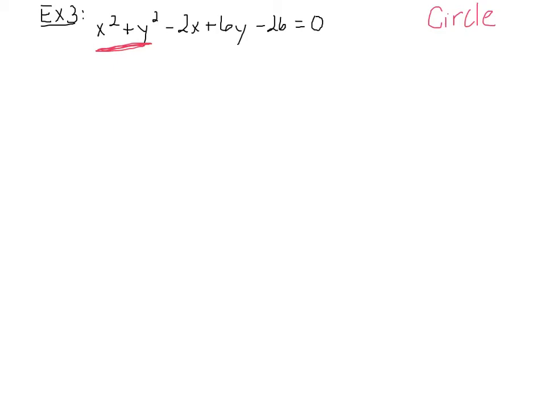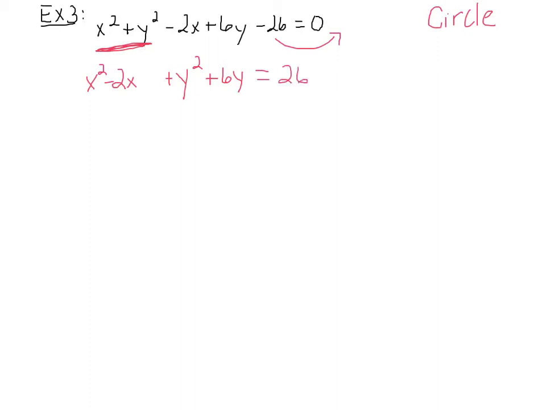Alright, so let's go ahead and rearrange it and get the x's together. So we have x squared minus 2x that's going to go together. And then we have plus y squared plus 6y that's going to go together. And then we need to move that negative 26 over to the other side, so that's going to equal positive 26.